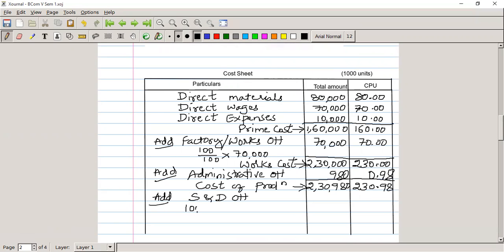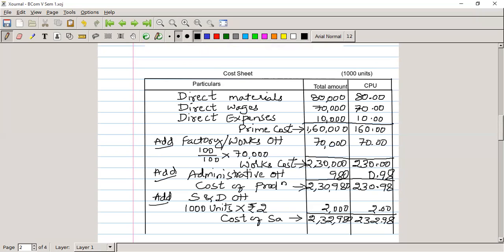So 1000 units into rupees 2 comes to 2000. So when we add this, it comes to 2,32,980 and 232.98. So what is this? This is cost of sales.